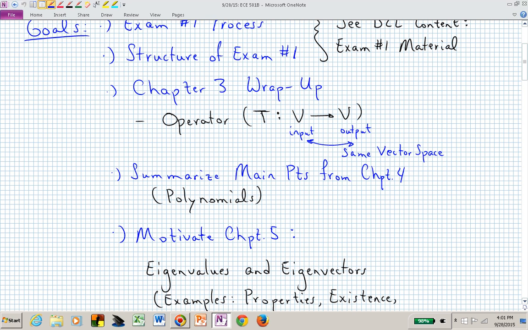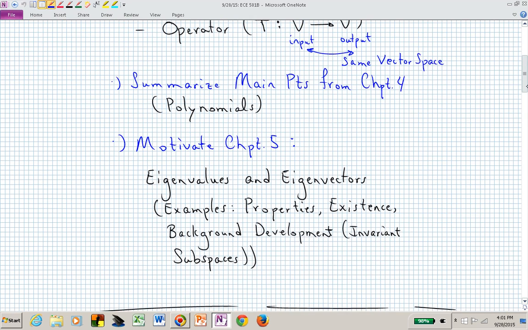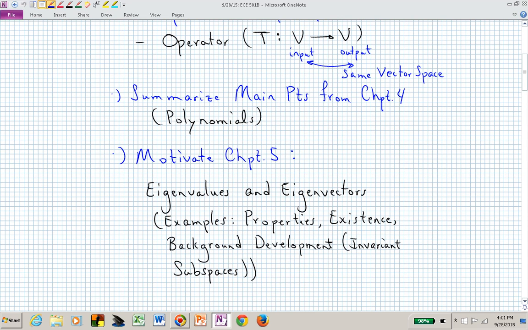We will quickly summarize some points from Chapter 4 dealing with polynomials, and then spend the rest of the time motivating Chapter 5, which deals with eigenvalues and eigenvectors. We aren't using any notion of a determinant to talk about eigenvalues and eigenvectors, which is the reason for the title of your textbook, Linear Algebra Done Right.